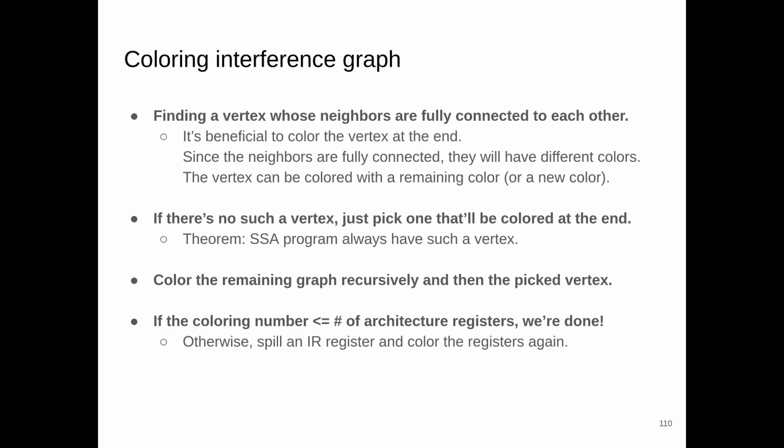You pick such a vertex whose neighbors are fully connected, and you just remove the vertex from the graph and color the resulting graph that doesn't have the vertex we just picked.